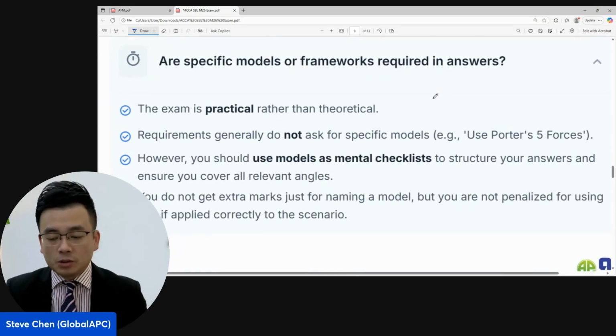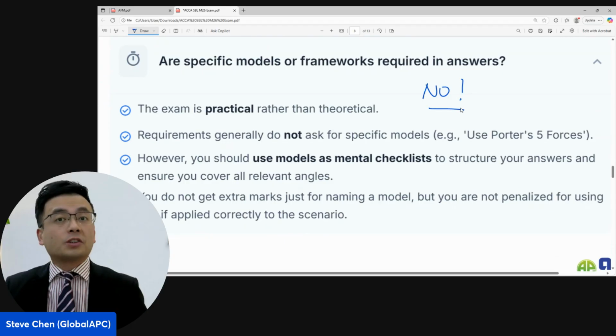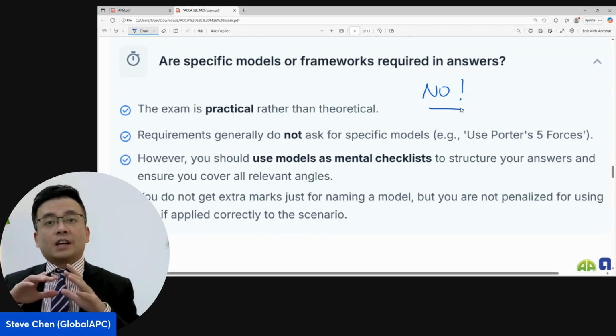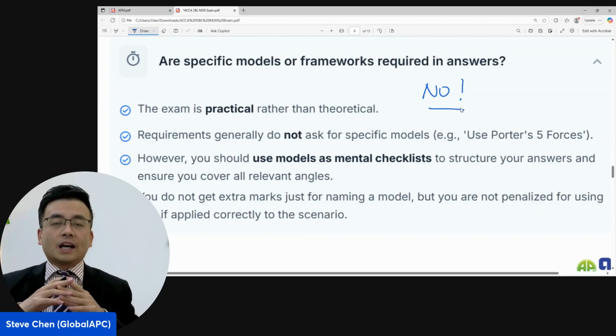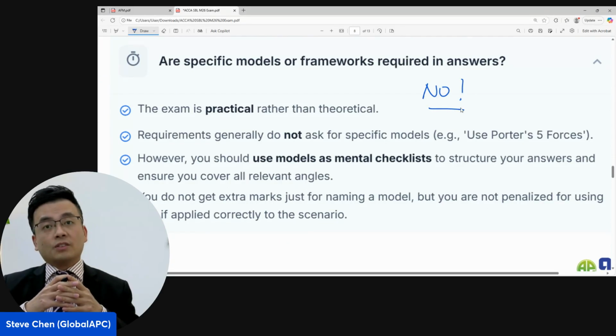Are specific models or frameworks required in the answer? The answer is no. For example, according to the March 25 Historical Places charity examiner's report, in Task 1, the students are required to comment on the factors to consider when making the change. Some students' answers mentioned Porter's 5 Forces and PESTEL.